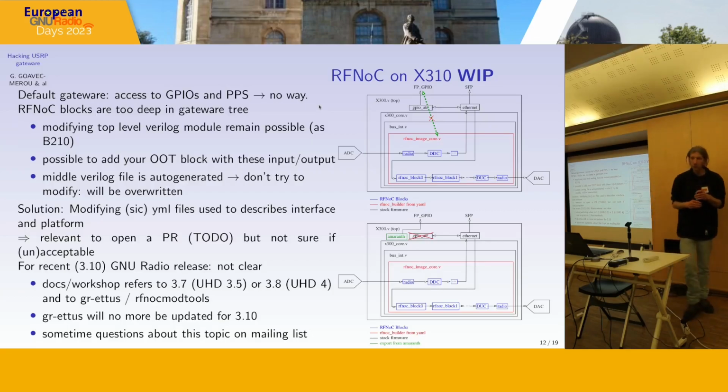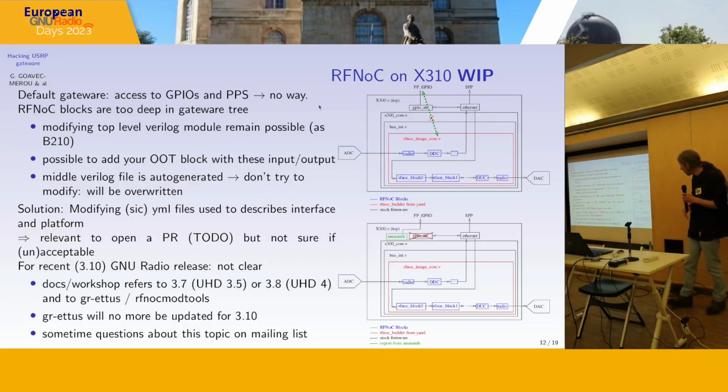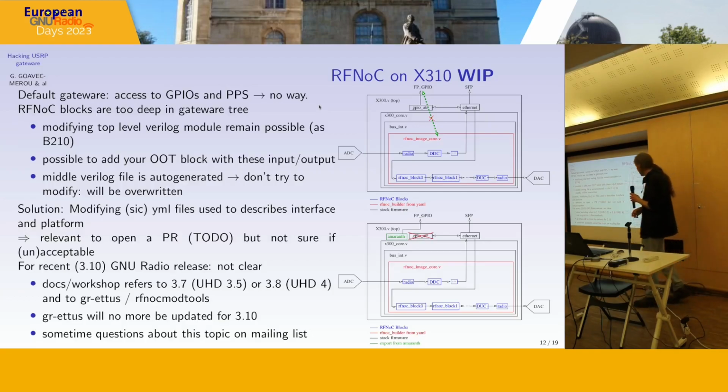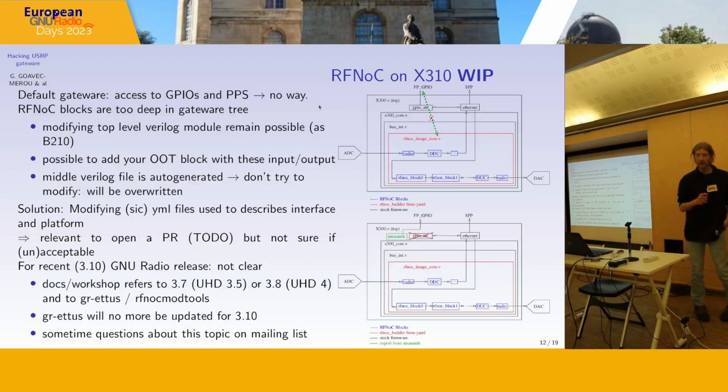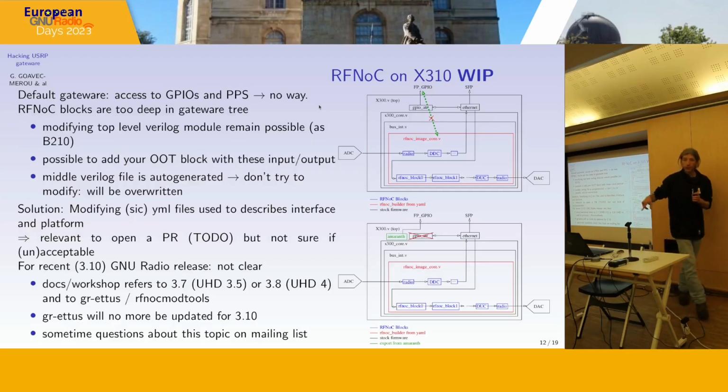Google shows some doc and workshops for UHD 3.5 with GNU Radio 3.7, or for UHD 4, but with GNU Radio 3.8. Nothing about 3.10. In fact, all workshops and docs refer to the Ettus repository and a tool called RFNoC mod tool.